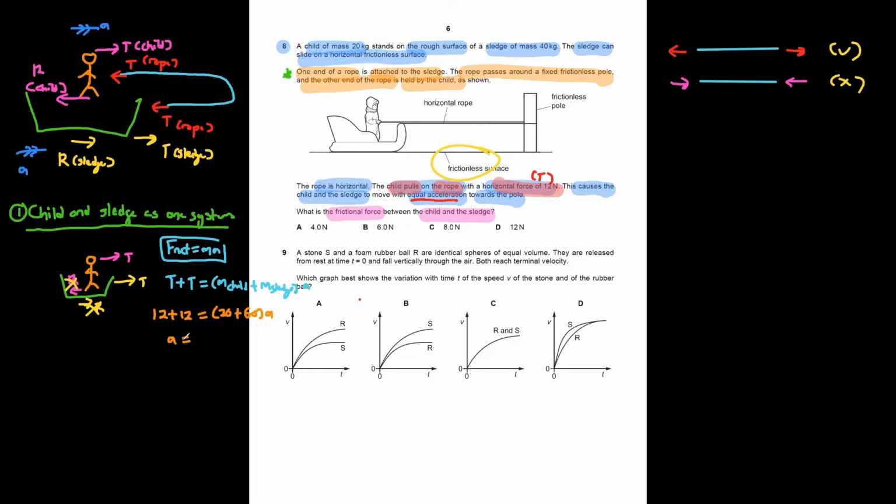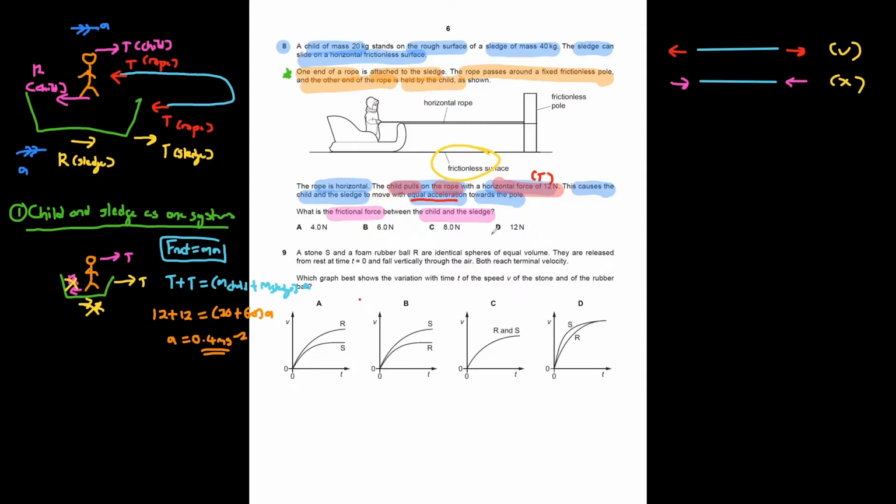You will get the acceleration as 0.4 meters per second squared. This is the acceleration of the entire system, which is also the individual acceleration of the child as well as the sledge. From there, you can now work out the frictional forces. If you want to work out the frictional forces, you need to consider the forces individually on the child or the sledge. I'll show you both examples here.